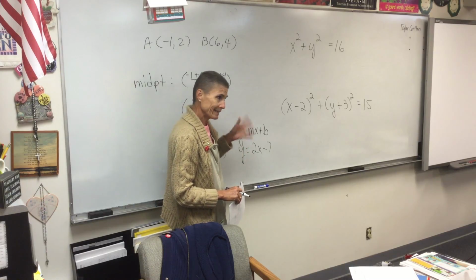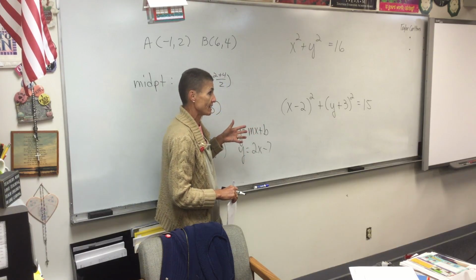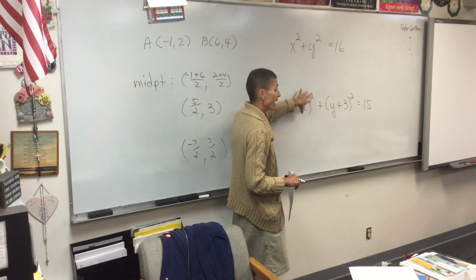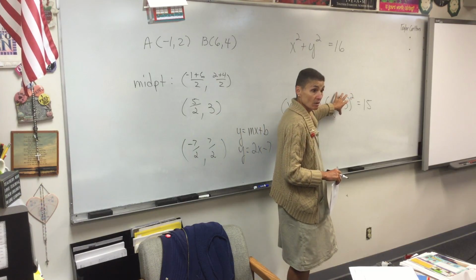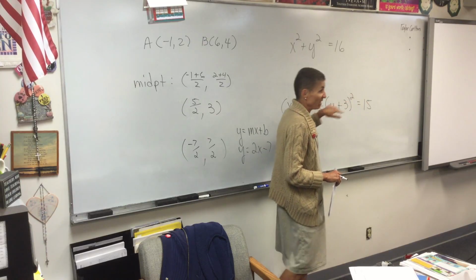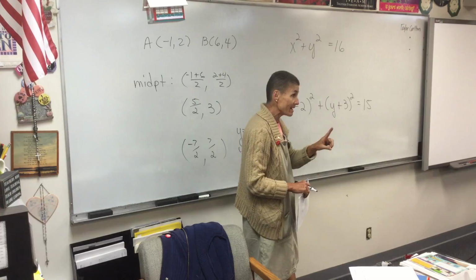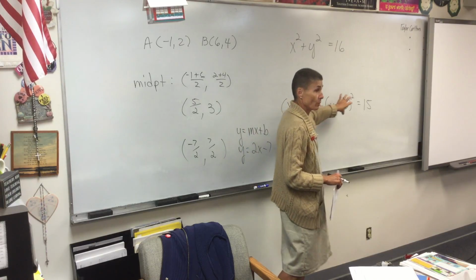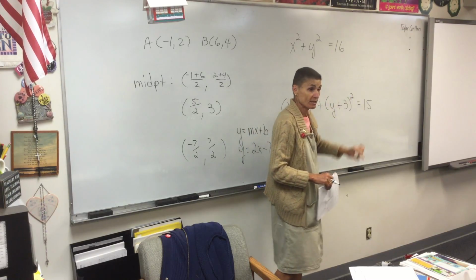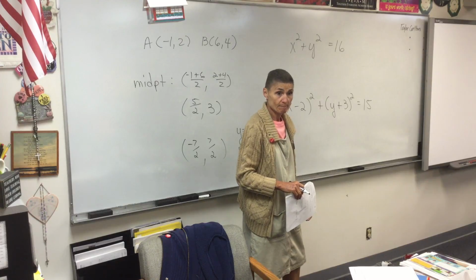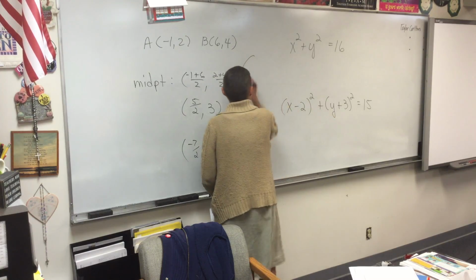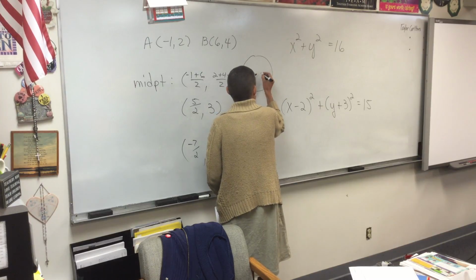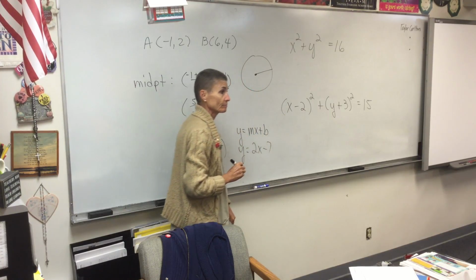So you'll recognize circles when you see them because they're going to have an x squared and a y squared. Now we're going to learn later in the year other things have those too, but right now, if you see an x squared and a y squared, you're going to think circle every time. Circles, y'all know what they look like. They have a center and they have a radius.